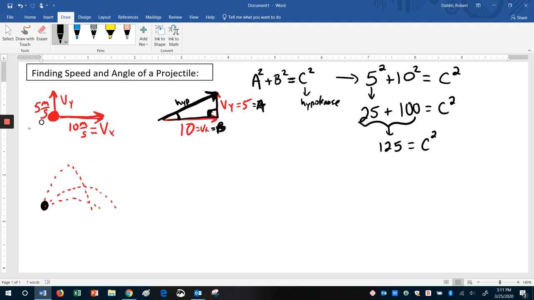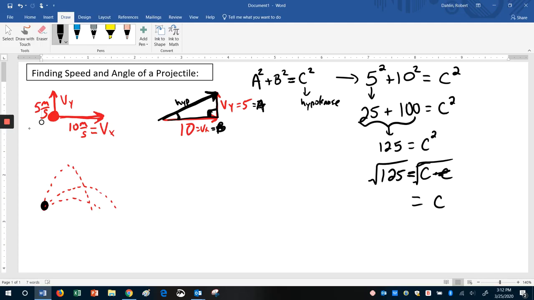And then to get C, what this is actually saying is 125 equals C times C. So we're asking ourselves the difficult question: what number multiplied by itself would give us 125? Well, the opposite of squaring is to take the square root. If you take the square root, then this cancels out.